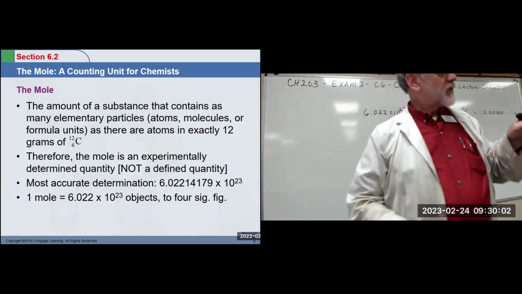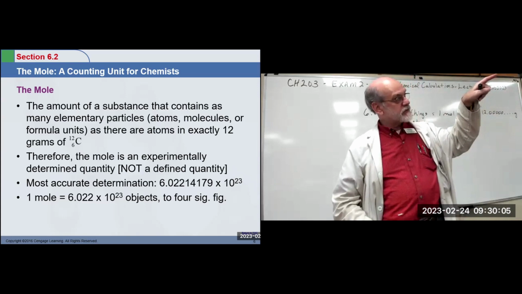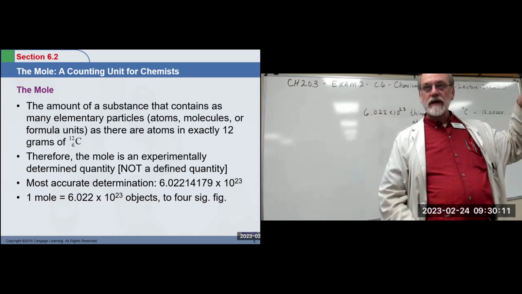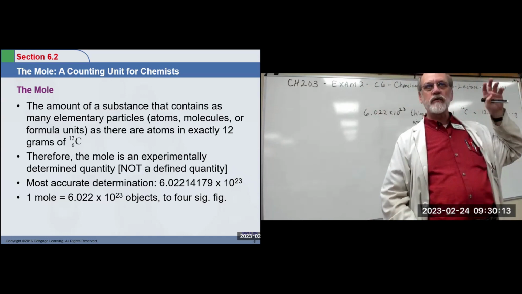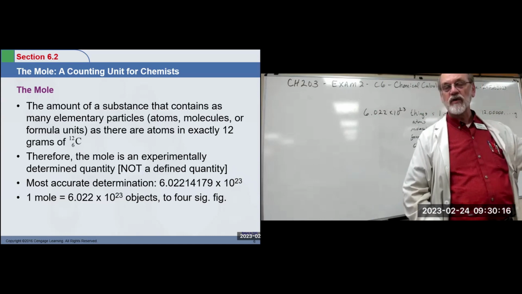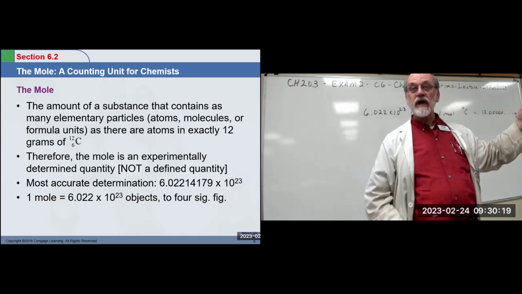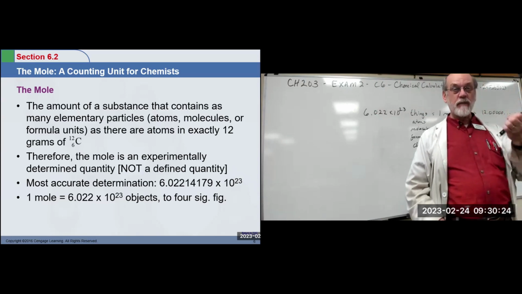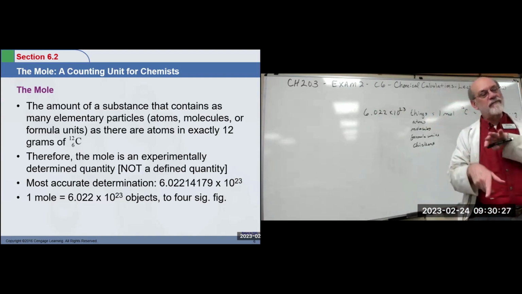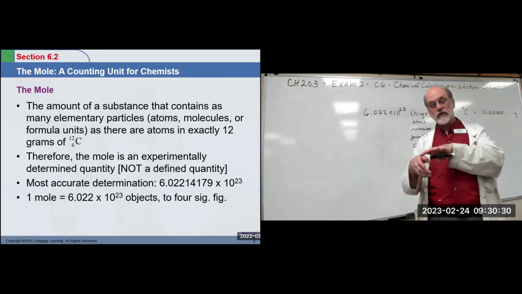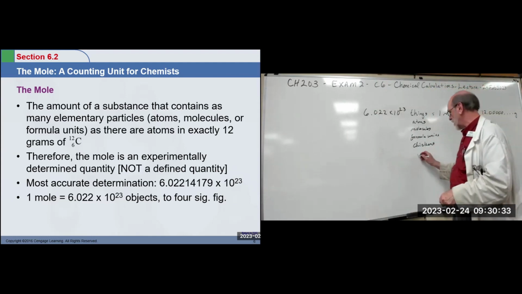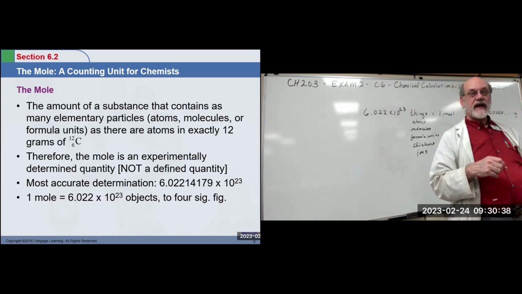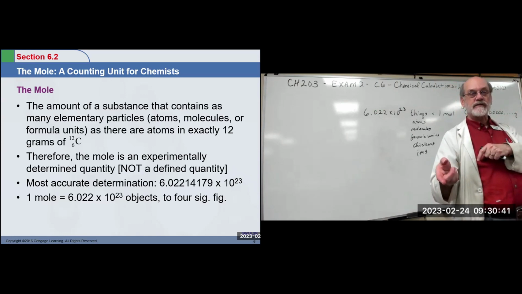That's good for us, because now instead of reading those numbers, atomic mass, off of the periodic table, naturally occurring carbon would be 12.01 grams per mole instead of 12.01 atomic mass units per atom. Then now we have something we can grab onto. We can now convert between numbers of atoms, numbers of molecules, numbers of ions, and what that equals in mass.